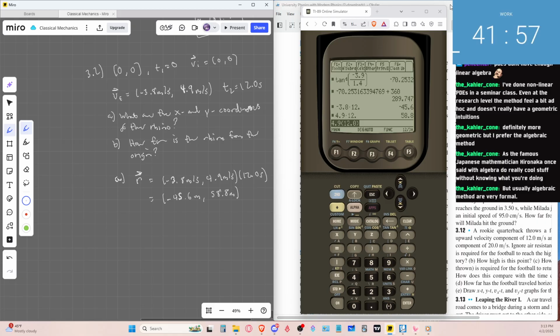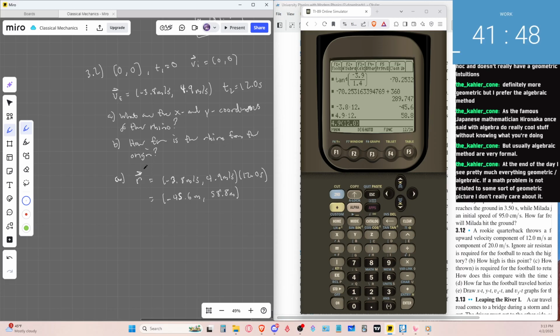Okay, and what else is it asking? So the x and y coordinates, I think that's it. And then, how far is the rhino from the origin? So I think we can do the magnitude.